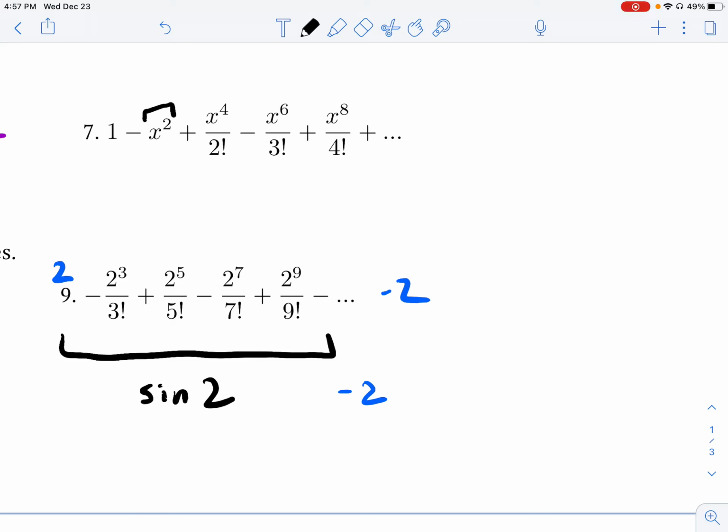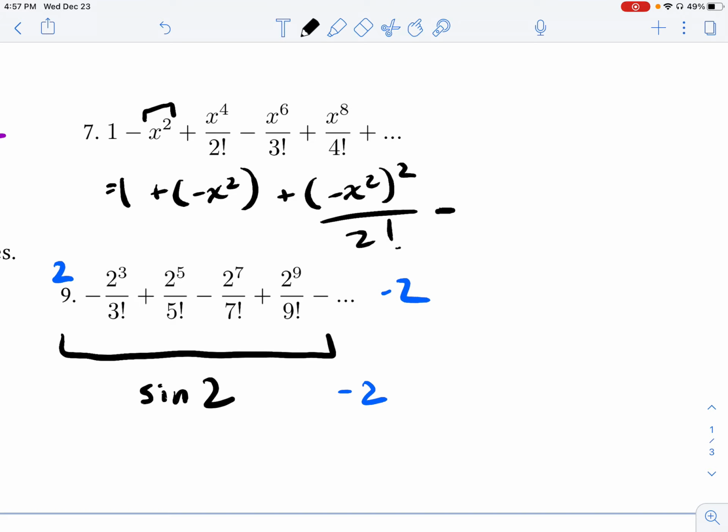So in other words, I would write this as 1 plus negative x squared plus negative x squared squared over 2 factorial plus negative x squared to the third power over 3 factorial, and so on. All of this is simply the e to the x function evaluated at negative x squared.